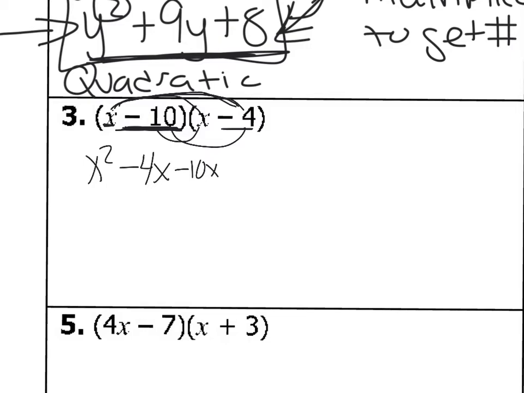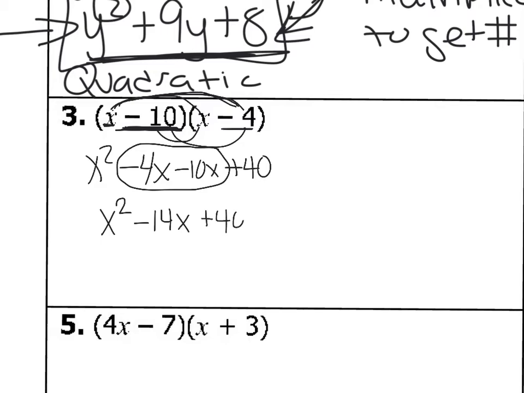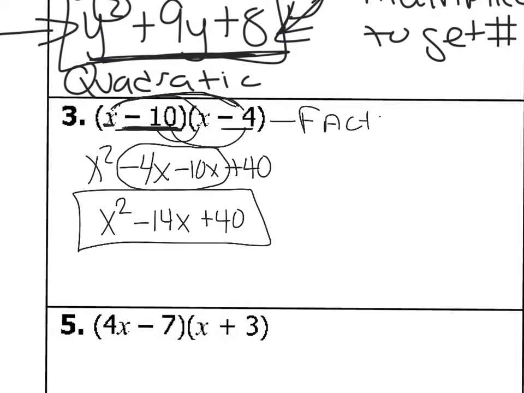Negative 10 times negative 4 is plus 40. Now these are like terms, so we're going to combine those, and we'll get x squared minus 14x plus 40. And that would be our quadratic. These are the factors of this quadratic.